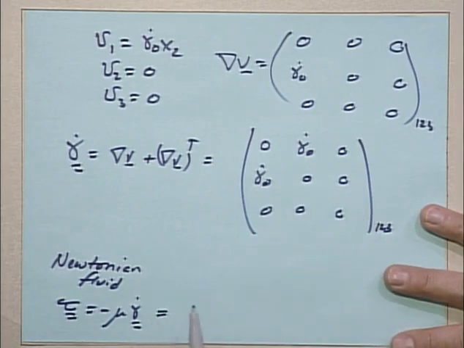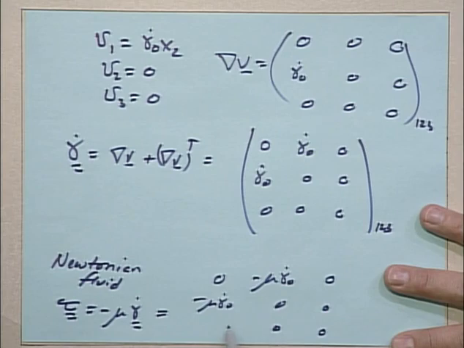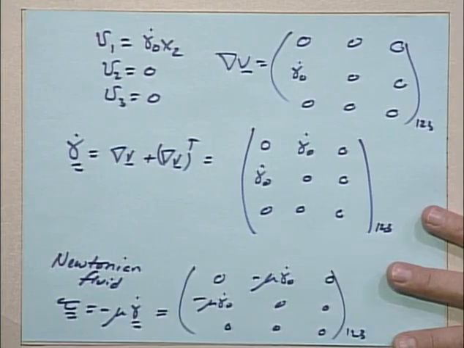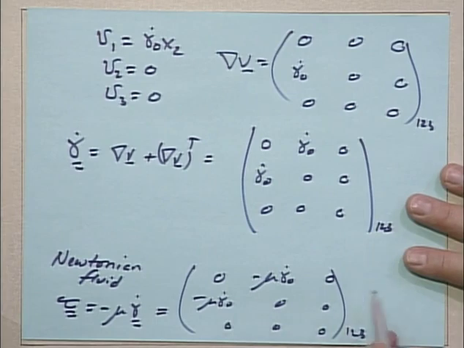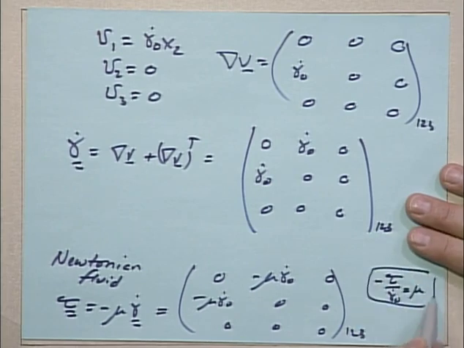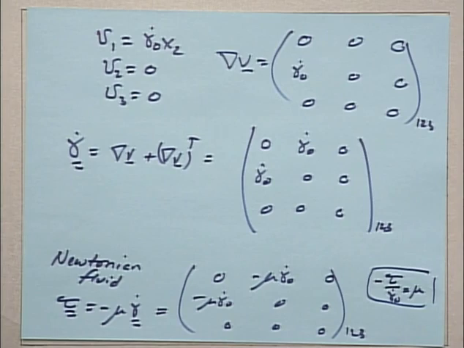So for steady shear flow, the stress would be 0 minus mu gamma dot naught 0 minus mu gamma dot naught 0. That's the stress tensor in steady shear for a Newtonian fluid. It's a constant, and minus the stress over the shear rate is equal to the viscosity, which is most people's definition of viscosity. And that's where it comes from.